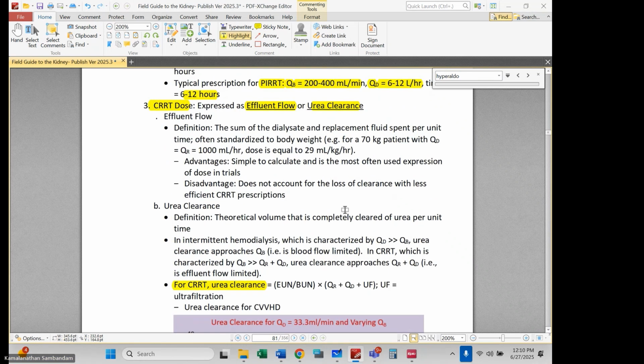Now, the most common way we do this is by effluent flow rates, okay? When we're describing CRRT, we often just say we're running a replacement fluid flow rate and dialysate flow rate of 1,000 milliliters per hour, for example.